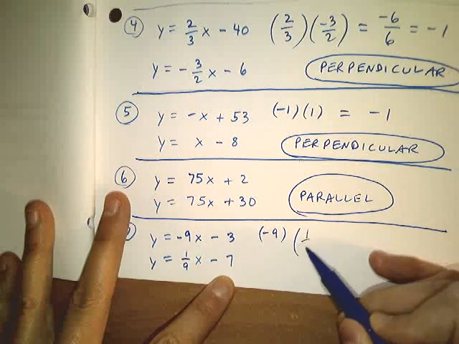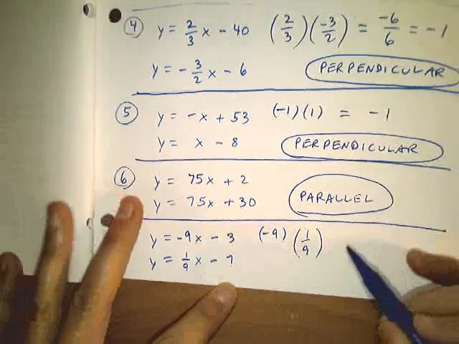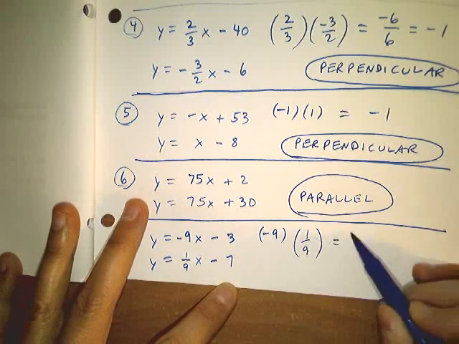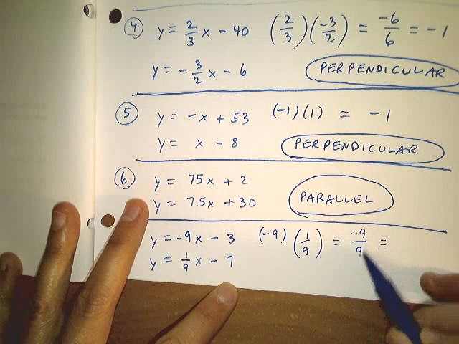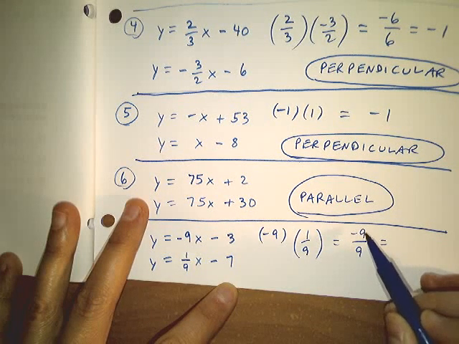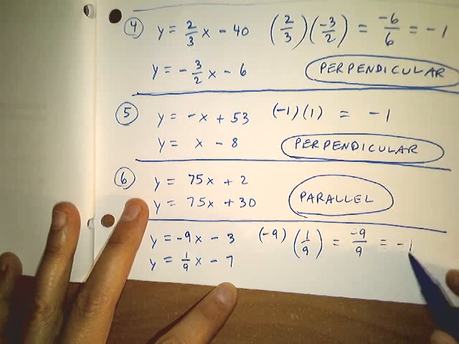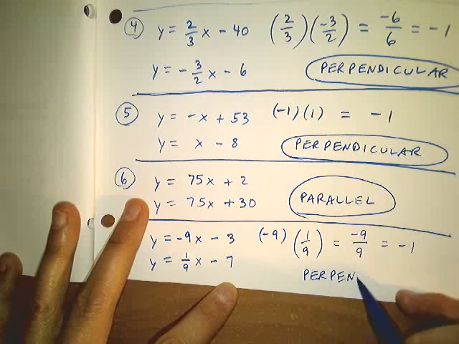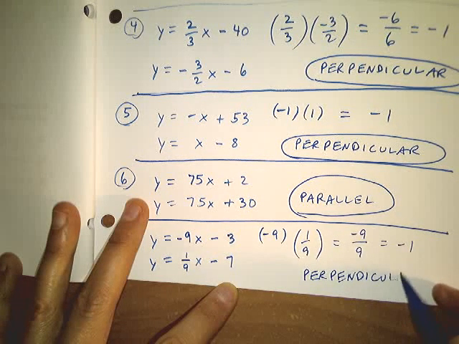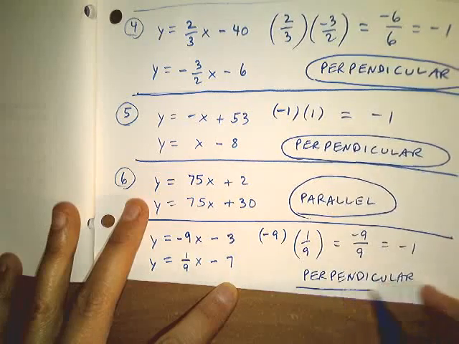Slope on the top, multiply it by that one, slope on the bottom. If I multiply straight across, I get -9 on the top, and on the bottom I just have 9. Do these divide out to be -1? -9 divided by +9? Yes, it does give you -1. So those two lines are perpendicular.